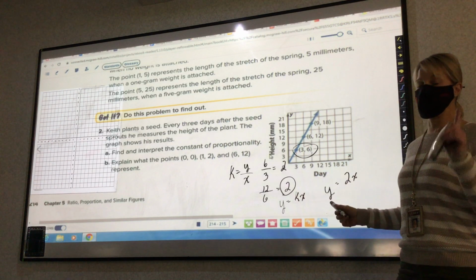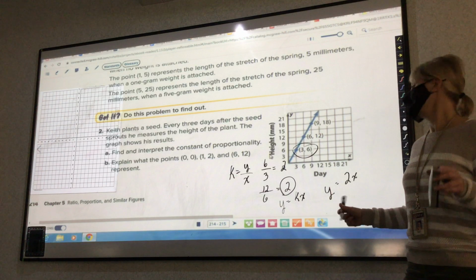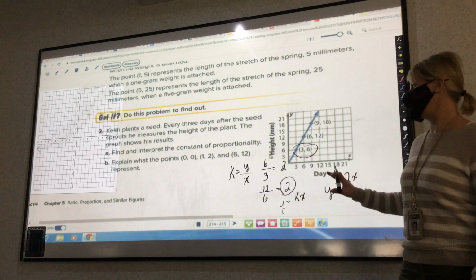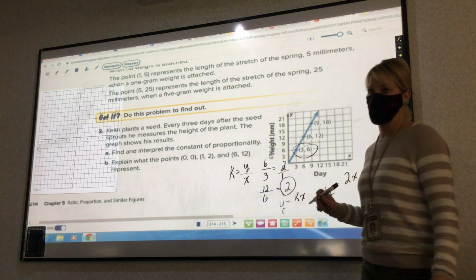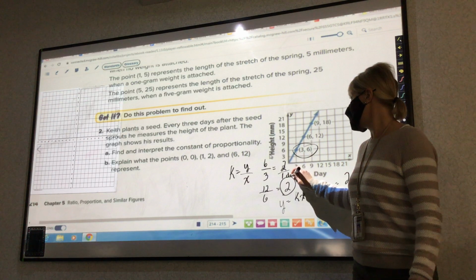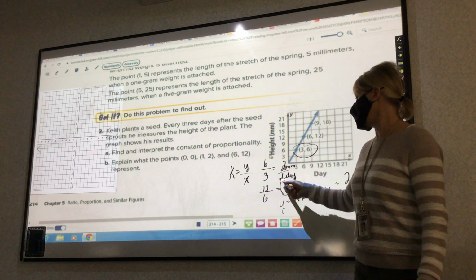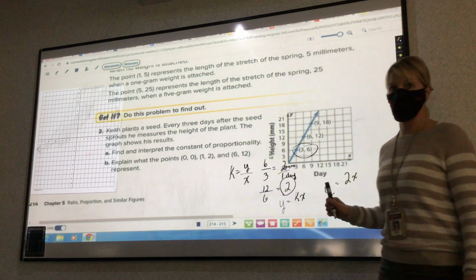So for each day, it goes up how many? 2. To write that out, you would say for each day, because if my constant is 2, that's like 2 over 1. 1 is my number of days, 2 is the number of millimeters. So for each day, my plant rises 2 millimeters.